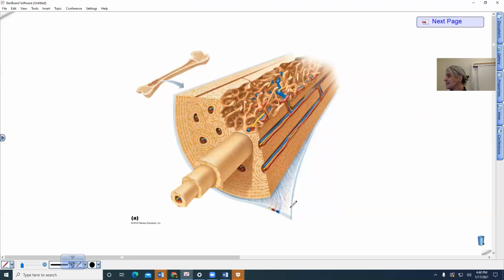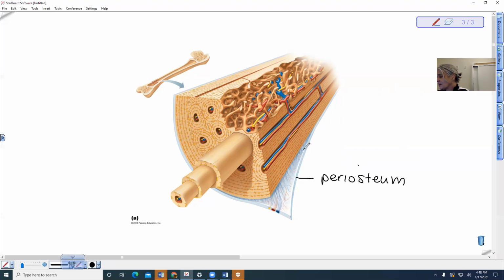And so this is an example of, oh, what is this? Looks to me like it is the femur, okay? So this shows that connective tissue. So I will label this. This is my periosteum that is surrounding. This connective tissue is not cartilage because it actually has nerves in yellow here and blood vessels.